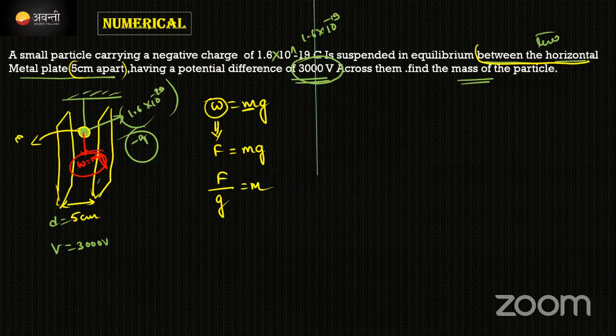Here g is the acceleration due to gravity. Try to always take the value of g as 10 meter per second square. And we don't know the F value, but in electrostatics what will the force always be? How are you going to take the force value in electrostatics?